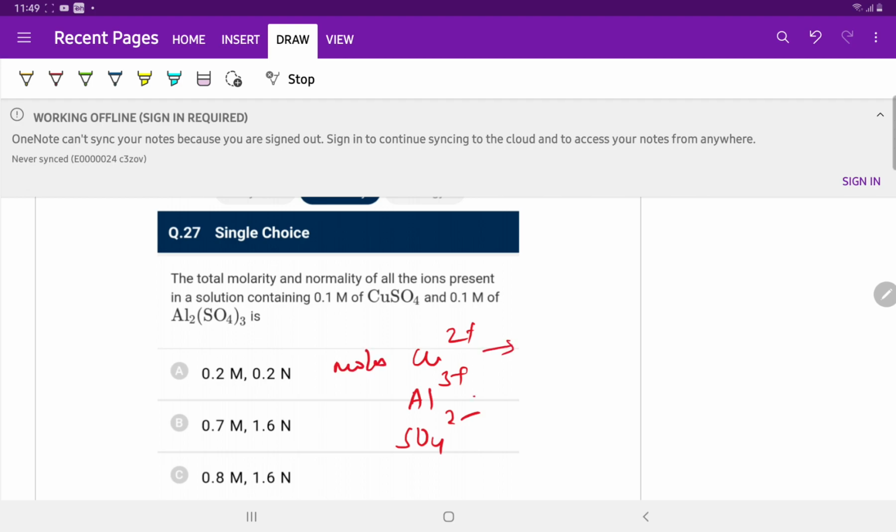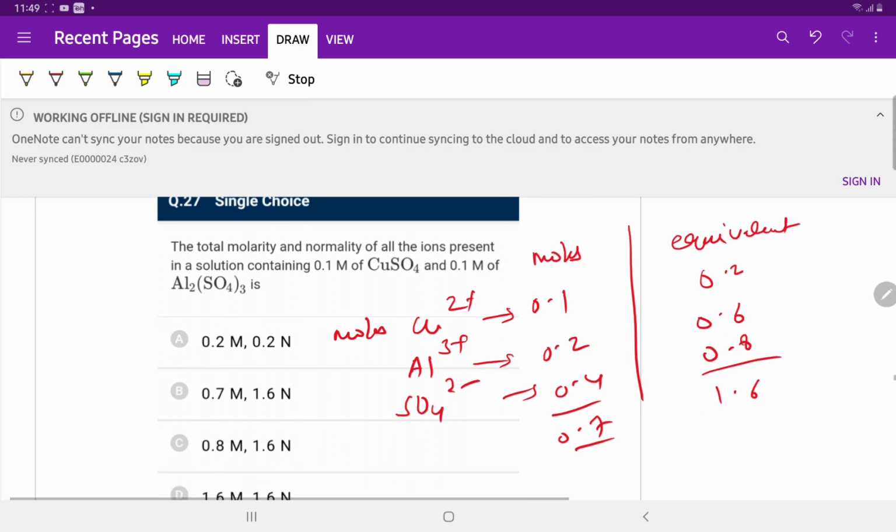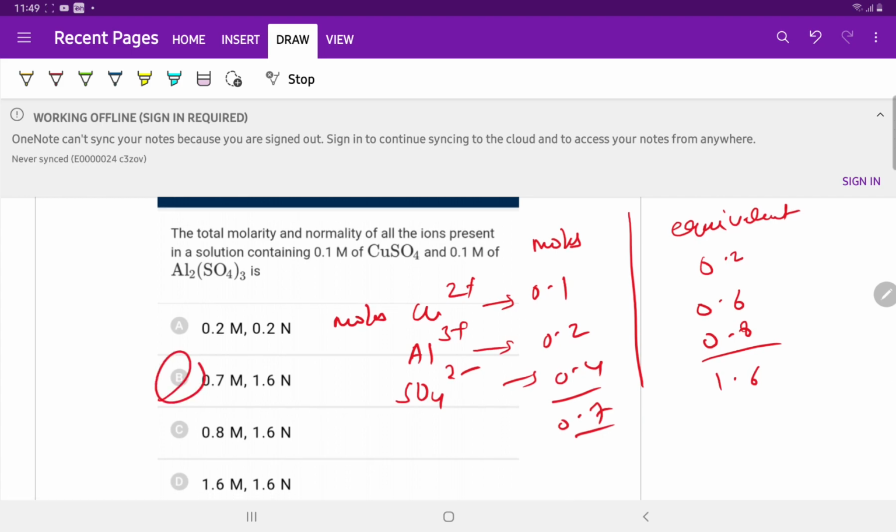So moles and equivalents: moles are 0.1, 0.2 and 0.4, so total molarity is 0.7, and equivalents are 0.2, 0.6 and 0.8, total 1.6. So 0.7 M and 1.6 N. So option B is correct for question number 27.